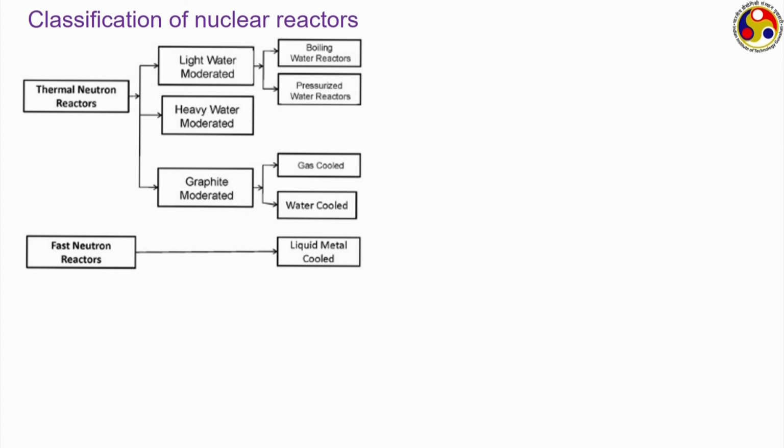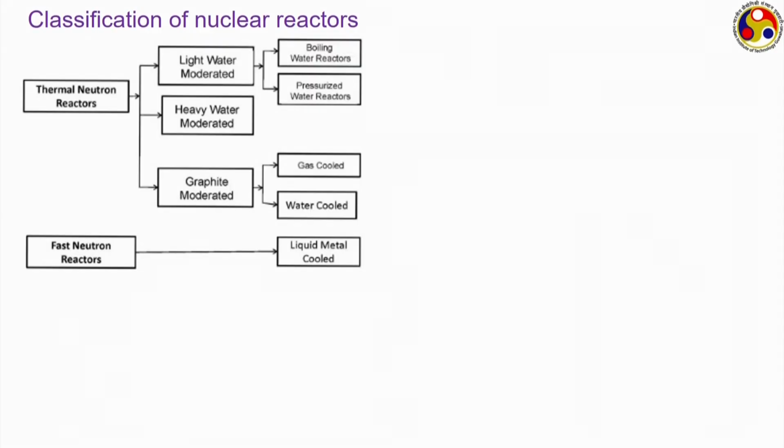It can be a pressurized water reactor where the coolant remains under single phase because of high system pressure, or the coolant can undergo a phase change, then we call that a boiling water reactor. The graphite moderated reactor again can be of 2 types. One uses some kind of gas like carbon dioxide or helium as the coolant, the other uses water as the coolant. The fast neutron reactors, by definition, need to use fast neutrons. So, there is no moderator there, and it generally uses liquid metal as the coolant.